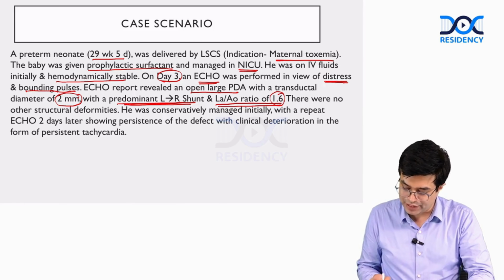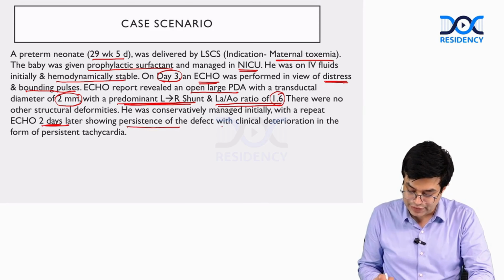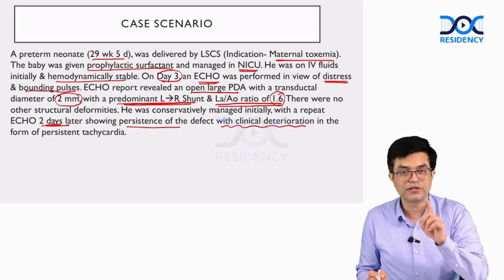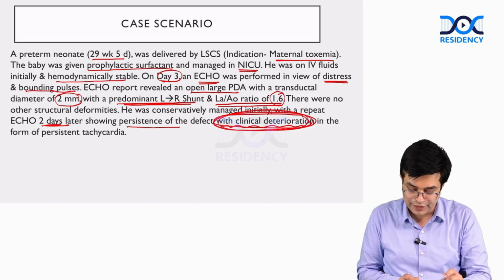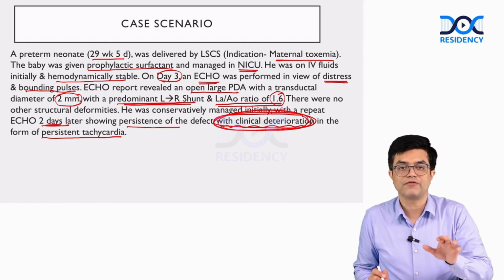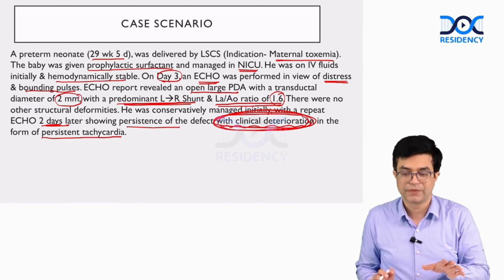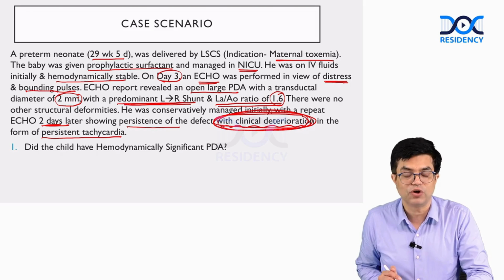He was conservatively managed initially with a repeat echo done 2 days later, showing persistence of the defect with clinical deterioration. Now the important point is the child has clinically deteriorated, in the form of persistent tachycardia. So what are we dealing with? We are dealing with the PDA. First thing, does the child have hemodynamically significant PDA or not?